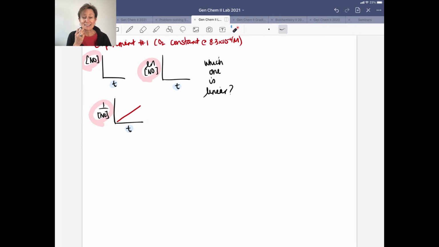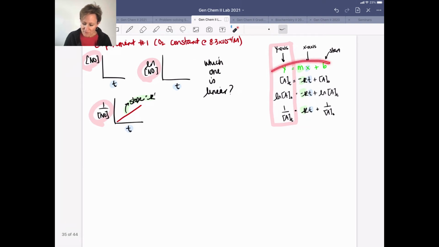When you get data that shows you a straight line, that is going to tell you the reaction order. Do you remember when we have these 3 different flavors of equations that we can use for 0, 1st, or 2nd order processes, right? So when we plot or put these equations in these forms, we basically see that they take on the form of y equals mx plus b, or a straight line.